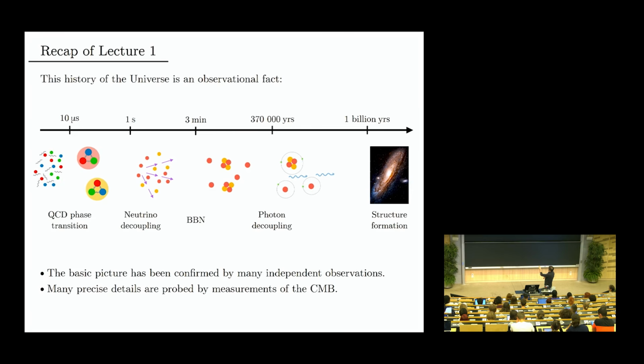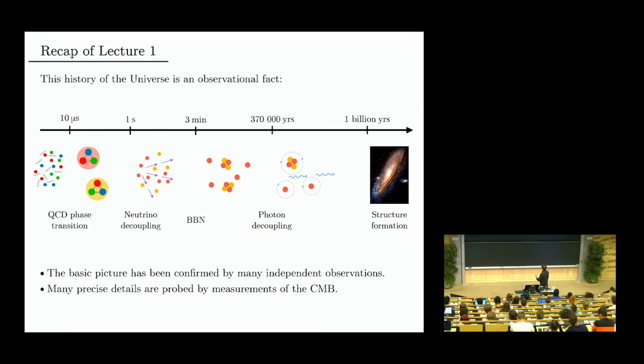The most certain event we have is 10 microseconds after the Big Bang, the QCD phase transition, where the individual quarks and gluons combine into protons, neutrons, the hadrons, but also pions and other hadronic particles.